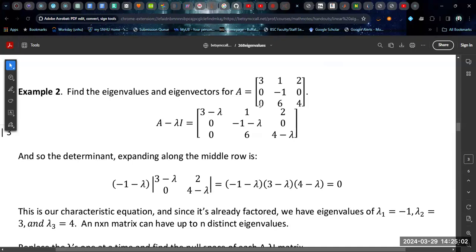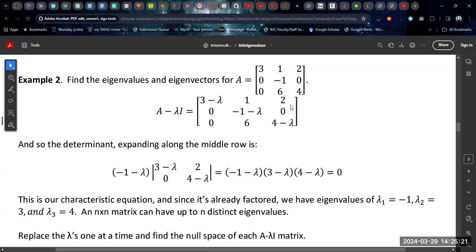I've picked some that have some zeros to make the algebra a little bit easier. But here we end up with our A minus lambda I, 3 minus lambda, negative 1 minus lambda, and 4 minus lambda on the diagonal. And then we have to go ahead and find our characteristic equation.